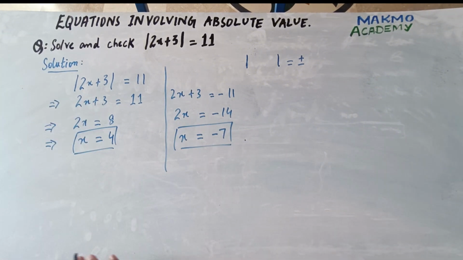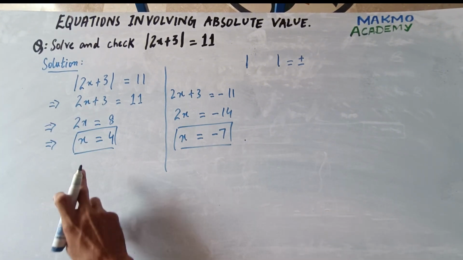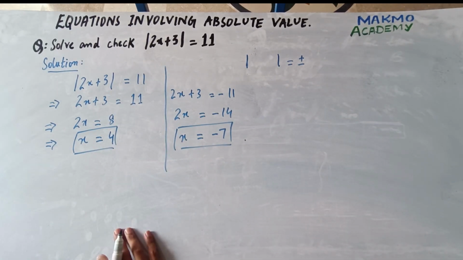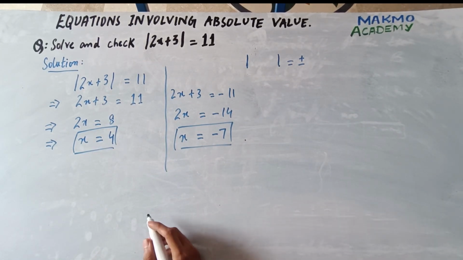As it is written check, what does it mean? You need to put this value of x and that value of x in your original equation, and you should get left hand side equal to right hand side.